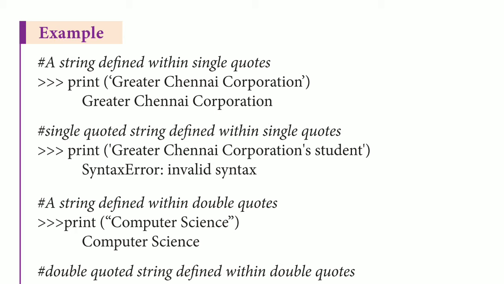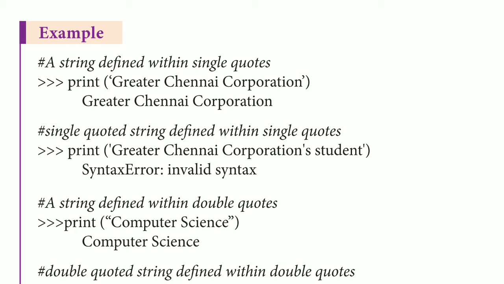Here you can see that there are three single quotes, so the Python compiler gets confused about where to start and where to end. Either it starts from Greater Chennai to Corporation, leaving the other part, or starting from apostrophe s to the end of the string student.